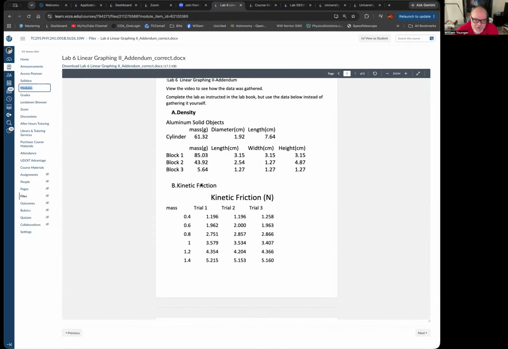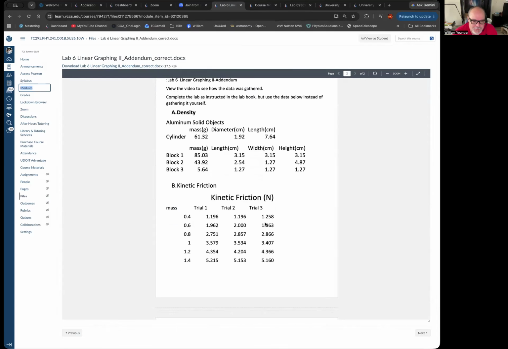Then there's the kinetic friction data, which you also have a video for. And here are the trials for certain masses. And of course, what it means is this 0.4, well, that's really bad. I just realized that the mass wasn't listed here with its units, and the distances here were not listed with units either. That's not good.